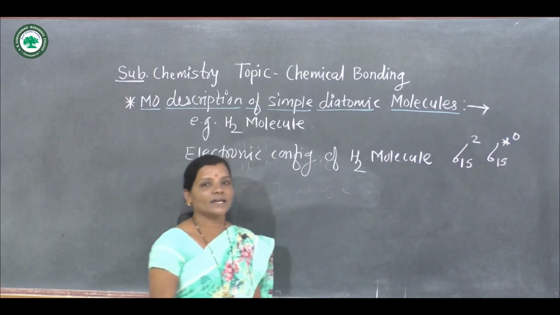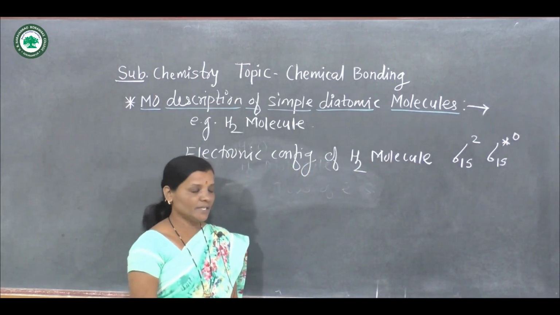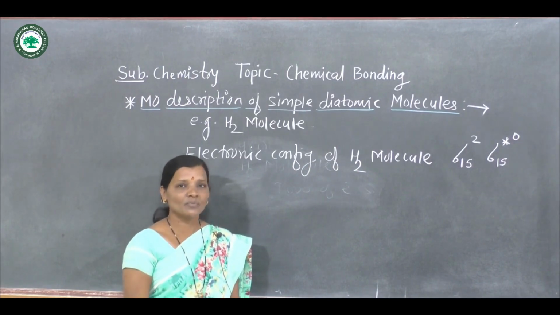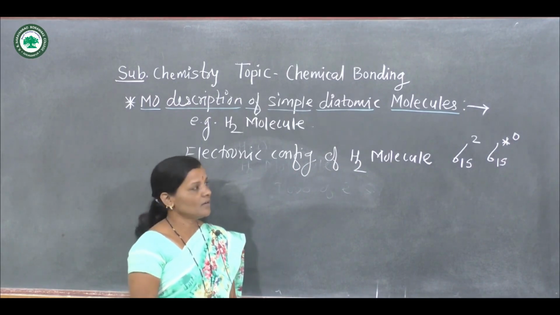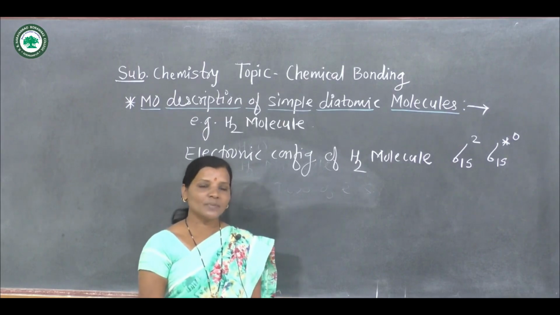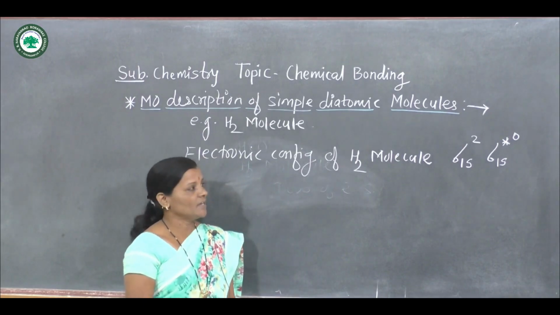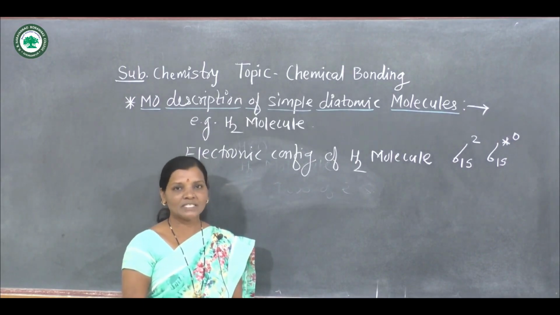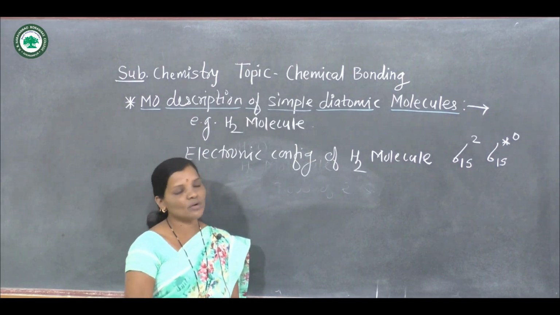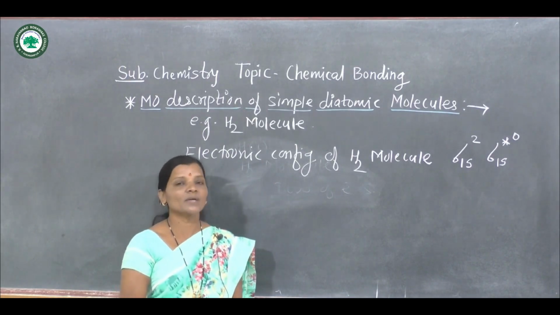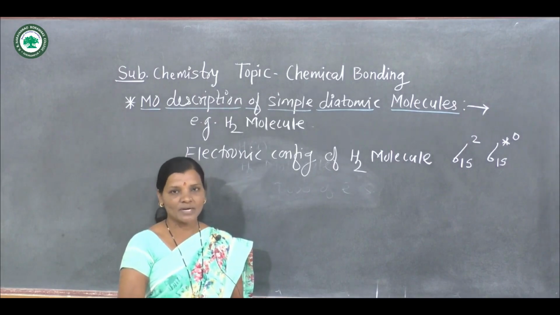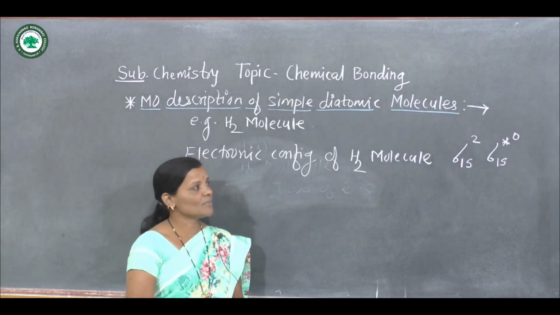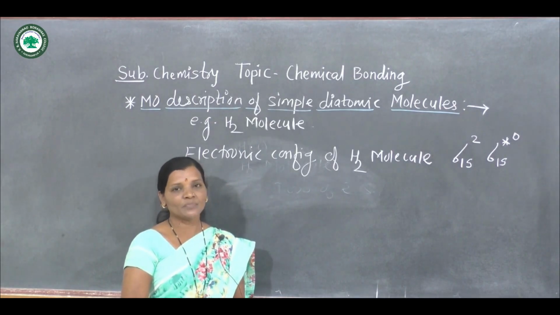Here we know that in molecular orbital theory, whenever the electronic configuration is filled, it is according to the Aufbau principle, Hund's rule, and Pauli's exclusion principle is applied. And here both the electrons go into the bonding molecular orbital, that is sigma 1s 2, and the sigma star 1s orbital is an empty orbital.